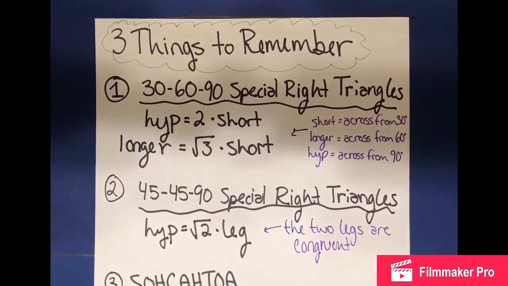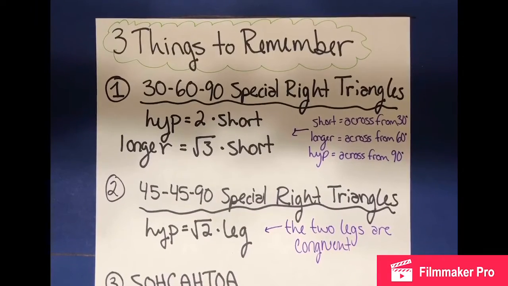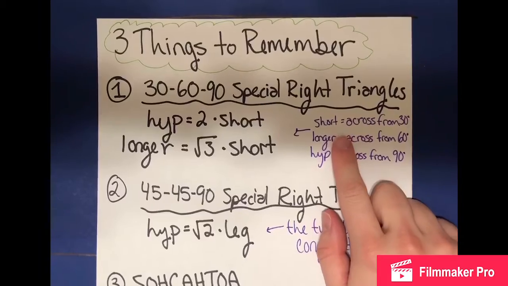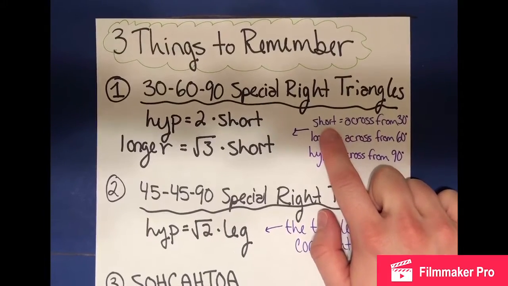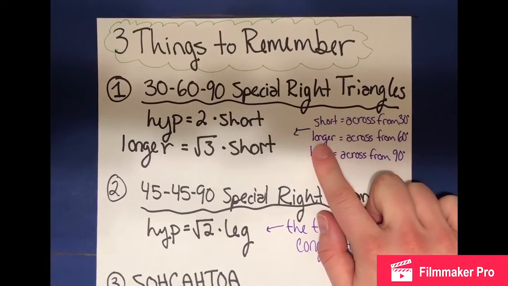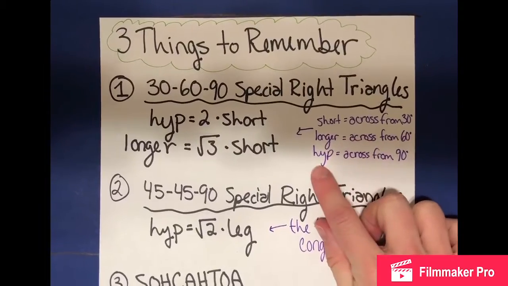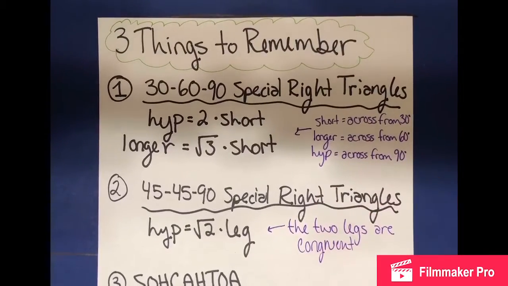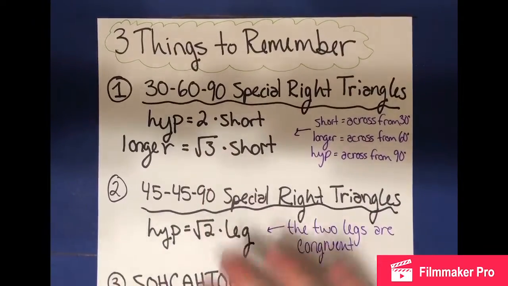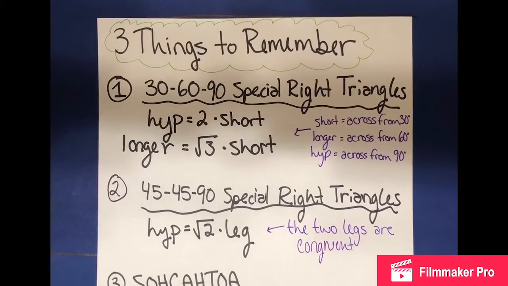First one is hypotenuse equals 2 times short. Second one is longer equals square root of 3 times short. Just to remember this, we have short is across from 30, longer is across from 60, and hypotenuse is always across from 90. I would have this written down somewhere. Probably not on your notes. There's going to be a lot of writing you're going to have there, so maybe a separate sheet of paper.